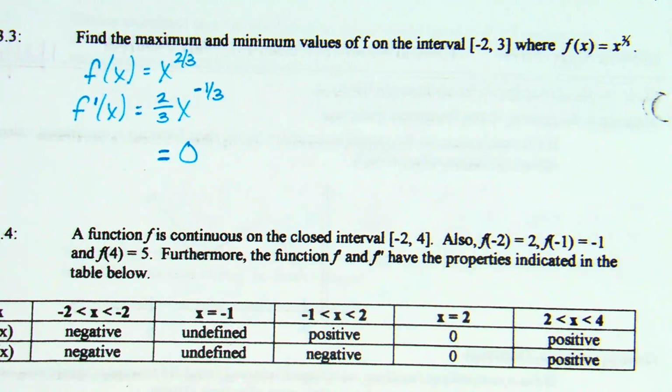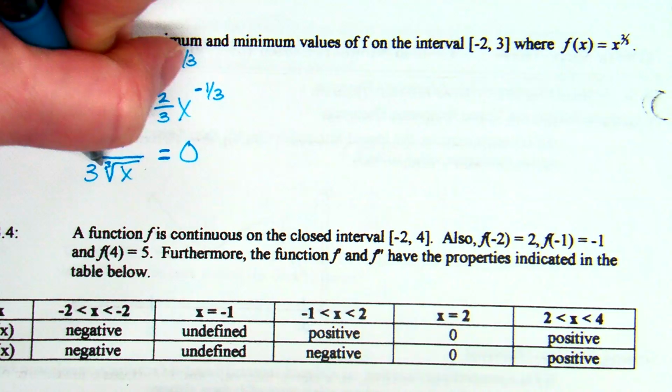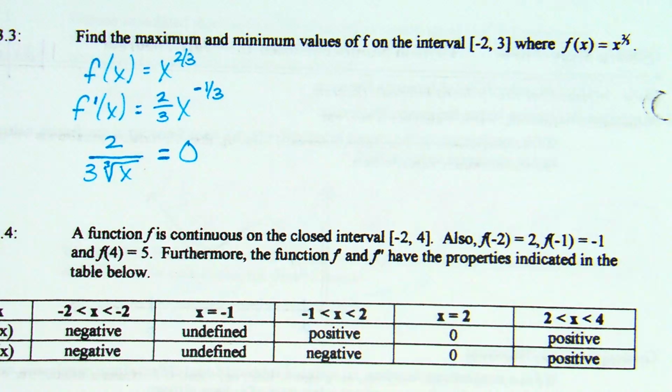So if we think about it that way, x to the negative 1/3 is the cube root of x in the denominator. 2/3 is a fraction, so that means 2 stays on top, 3 goes in the denominator. Inspect this. When does this fraction equal 0?